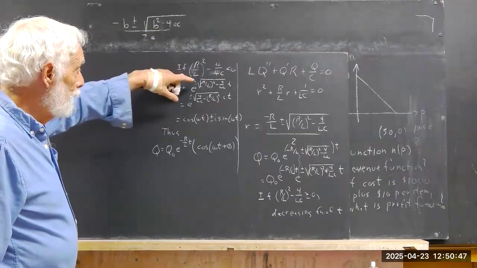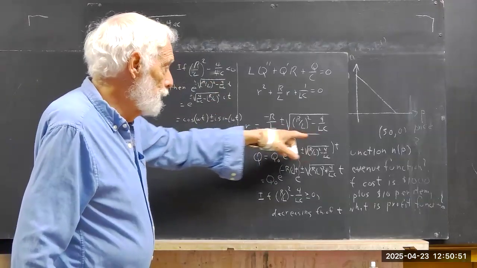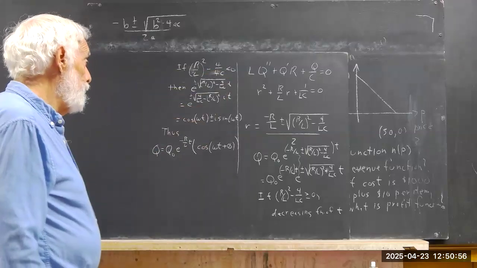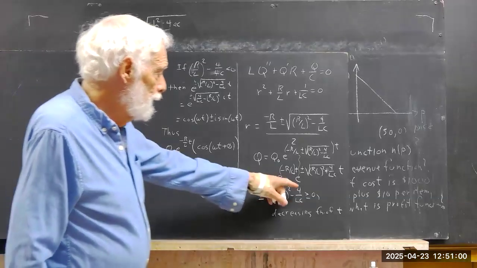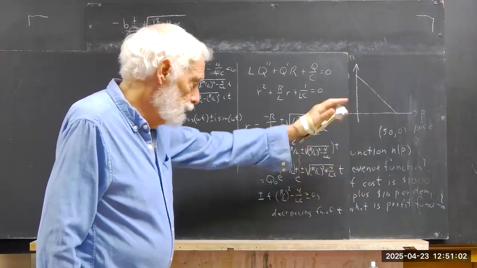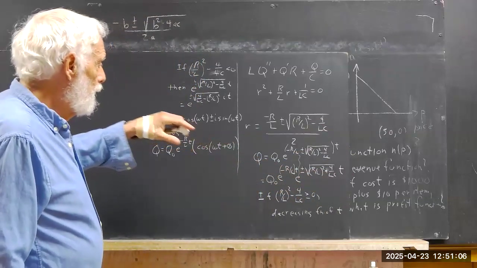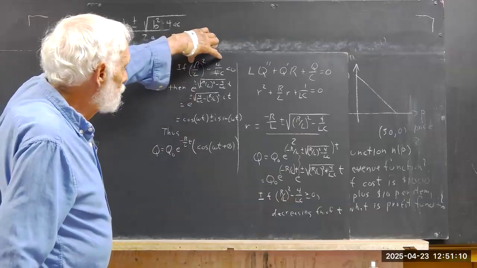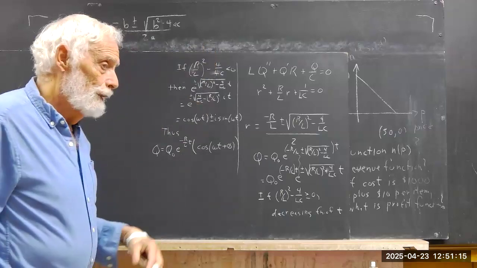It then turns out if this discriminant here, this expression under the radical, is negative, then we could write this e to the plus or minus the square root of (R squared minus 4 over LC) times t as, well, we can write this expression as the negative of this expression times -1.